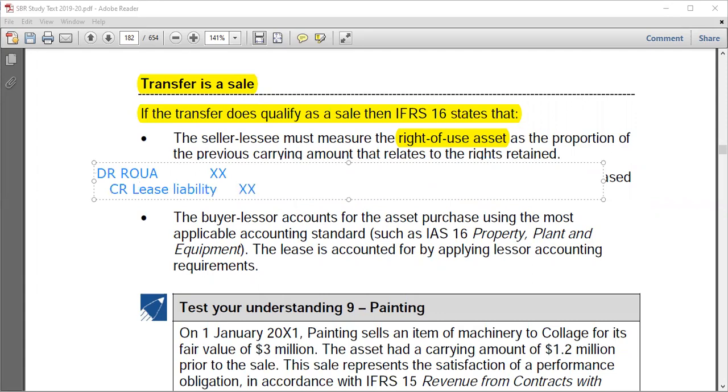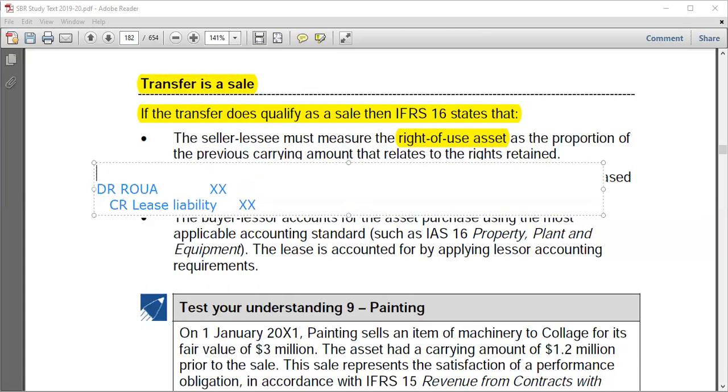And then after this, you ask yourself, if you lease out something, first of all, someone who calls himself the lessee said sell. If you sell something, you expect to receive something. So they definitely would have received cash, right? So you can just write your cash there.